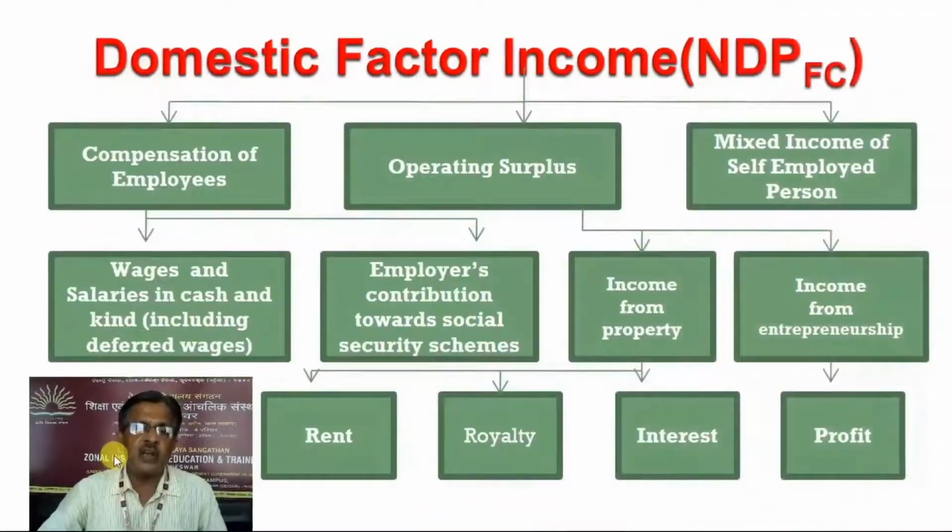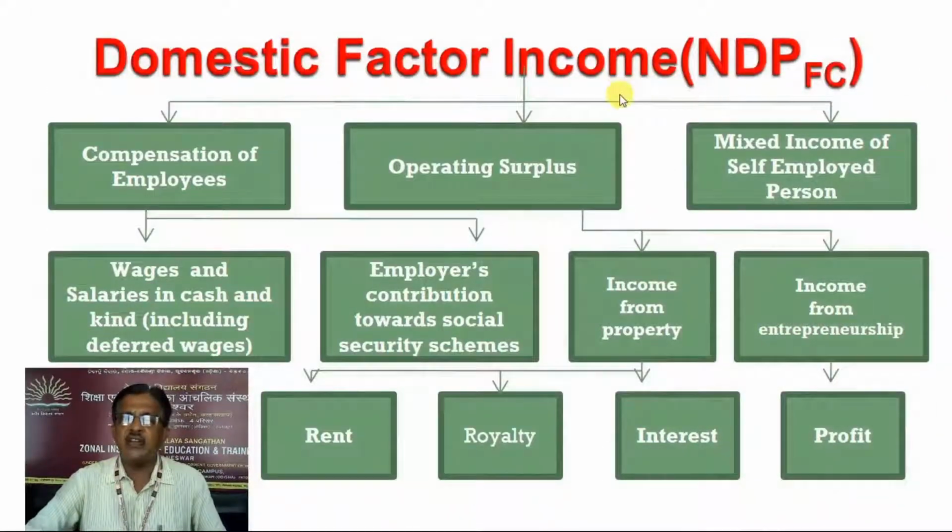The domestic factor income, that is NDP at factor cost, that is net domestic product at factor cost, can be presented in this flow chart. So there are three components: compensation of employees, operating surplus, and mixed income of the self-employed. Compensation of employees can be broadly classified into wages and salaries in cash and kind, including deferred wages, and employers' contribution towards social security schemes.